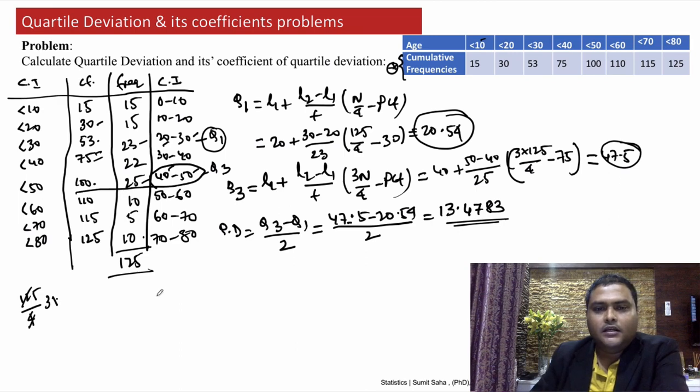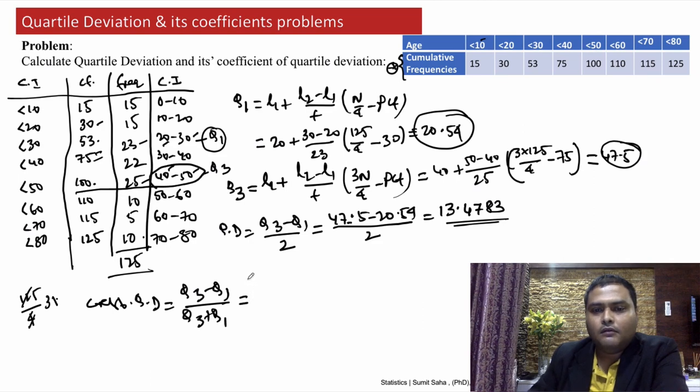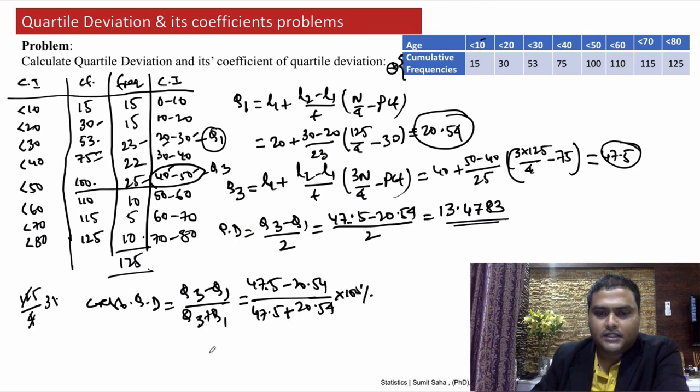Now what will be the coefficient of quartile deviation? Q3 minus Q1 divided by Q3 plus Q1. So Q3 minus Q1 is nothing but 47.5 minus 20.54, divided by 47.5 plus 20.54, and finally we'll multiply it by 100%, right?